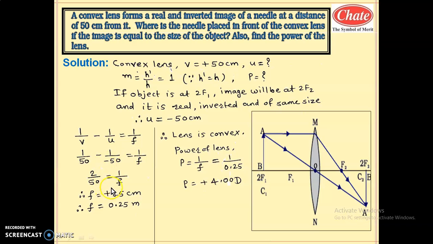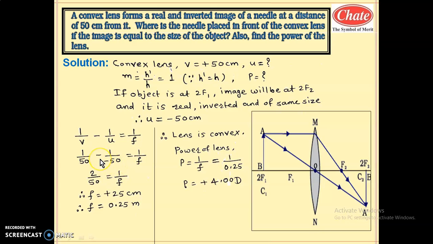If you want, you can calculate by the formula. Now we have decided U and V. Now we have to find the focal length, because without the focal length we cannot get the power. Calculating the focal length by the lens formula, 1 by V minus 1 by U equal to 1 by F. V value is plus 50, so 1 by 50 minus, U value is minus 50.